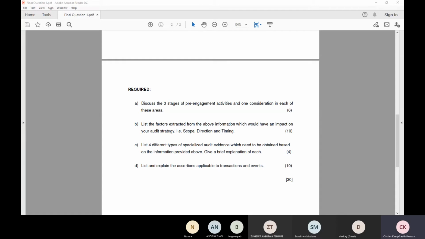Then, as I mentioned earlier, the accounting system. Remember, the information system can be difficult. It might affect what we can look at. We need to consider that. Although you've already mentioned that in part A, you can use it again because the information technology will have a great impact on the performance of audit procedures. Because you will execute different types of audit procedures.